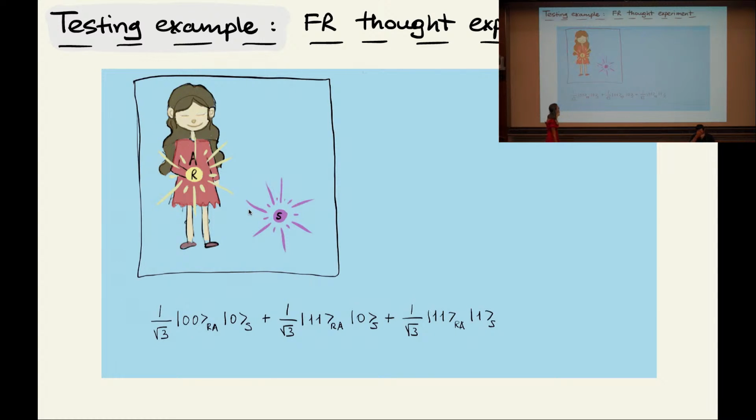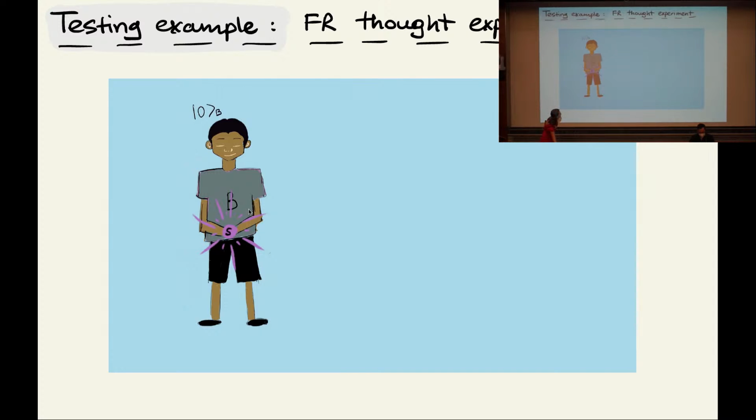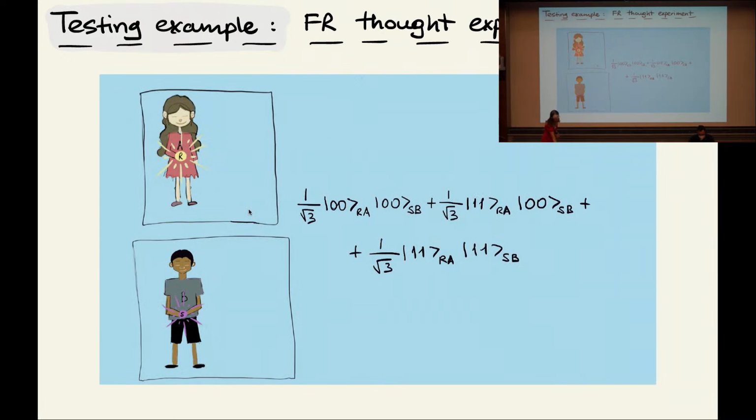So this is the intermediate state of systems R, A, and S. Then she sends the system S to Bob, and Bob measures it in the computational basis and also writes down the result to his memory. And after this is the state of Alice's lab and Bob's lab combined.